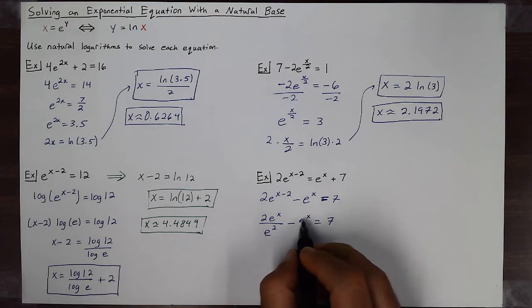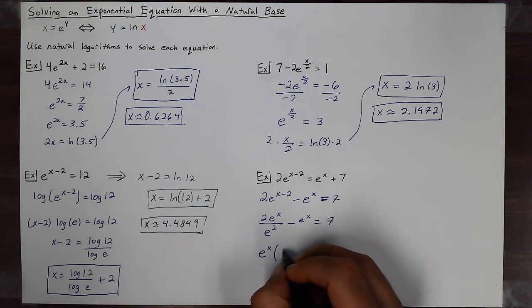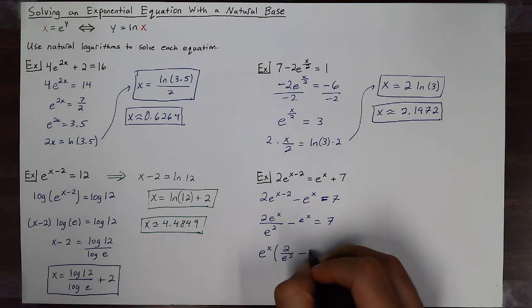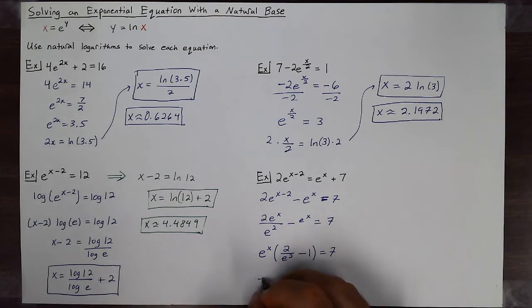And then I have an e to the x I can actually factor out. So I have e to the x times 2 over e squared minus 1. Which, to make my life easier, I'm actually going to write as 2e to the negative 2, just so I don't have to deal with a fraction right here.